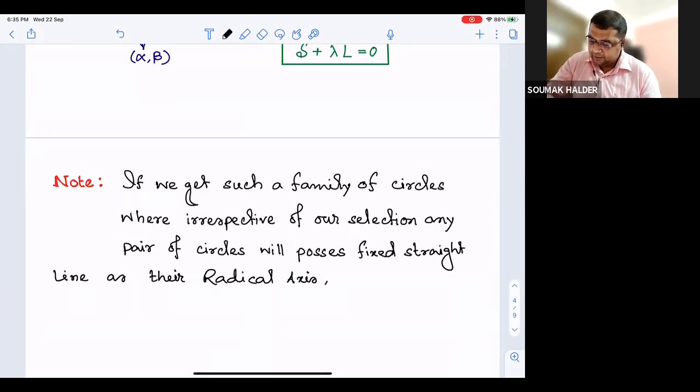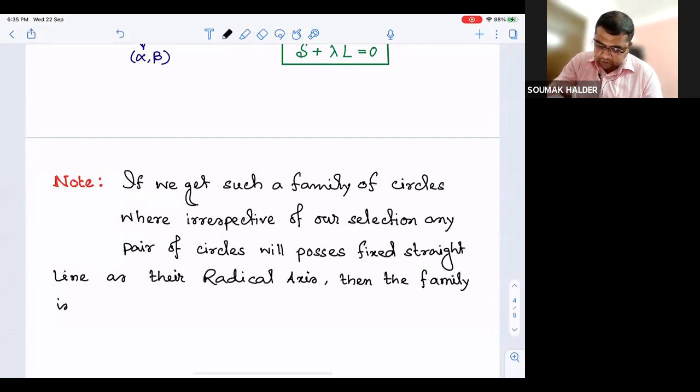Then the family is called a coaxial family of circles.